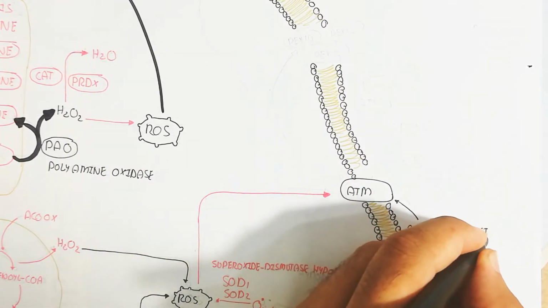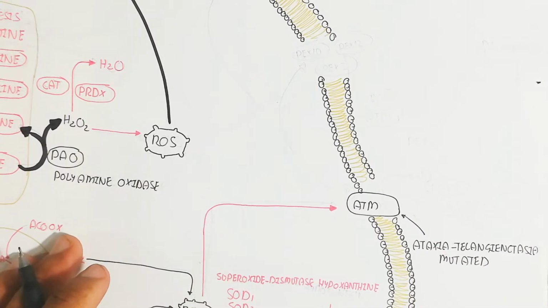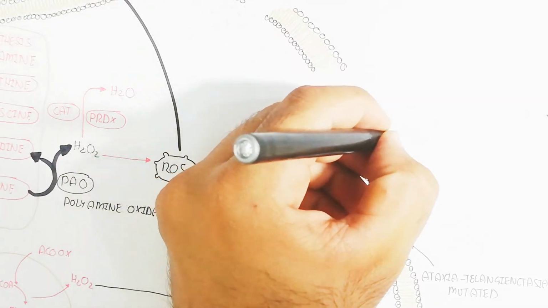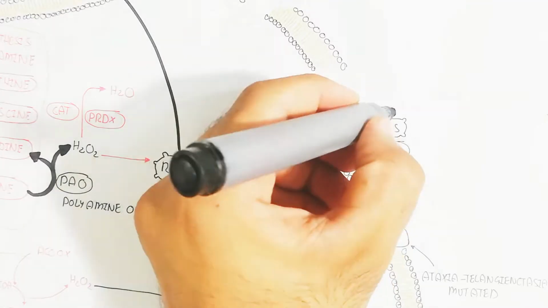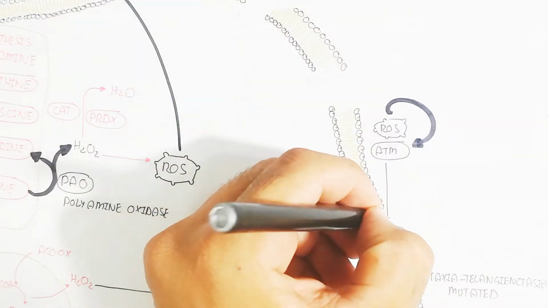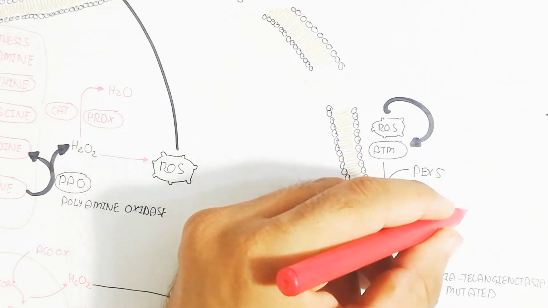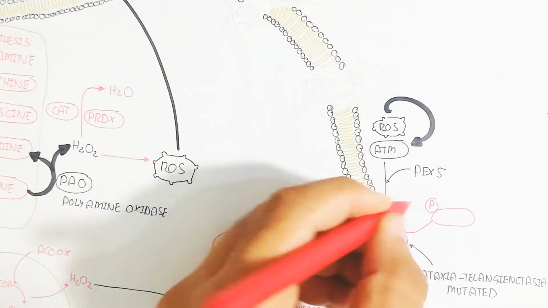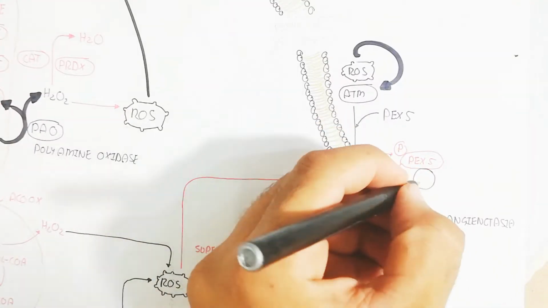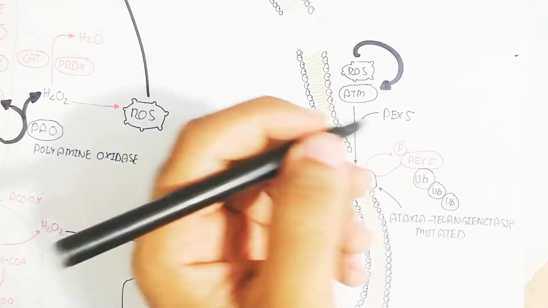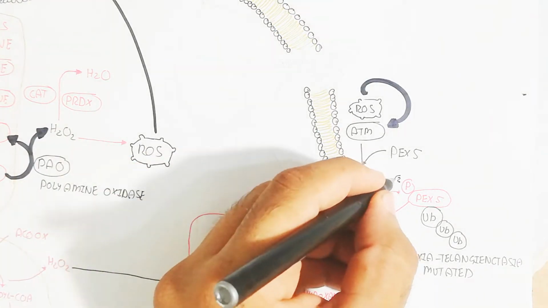While here is the ATM, which is ataxia telangiectasia mutated. Reactive oxygen species will trigger the ATM by the fixation of PEX5. This PEX5 will be fixed and the ATM phosphorylated, giving a donation of the phosphate group to the trimeric ubiquitination.